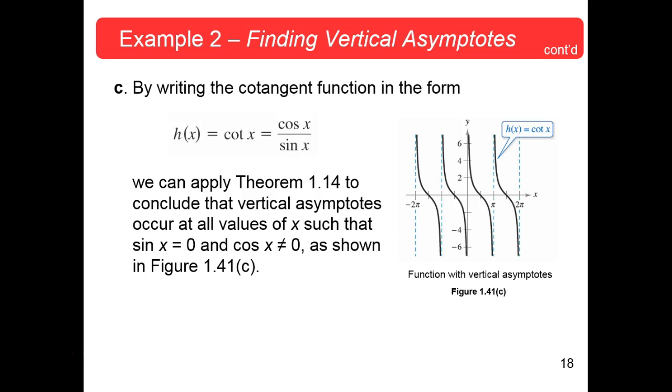Then after that, the issue is, what is the numerator doing? Where is the numerator equal to 0? Where is cosine equal to 0? At the half pi's.